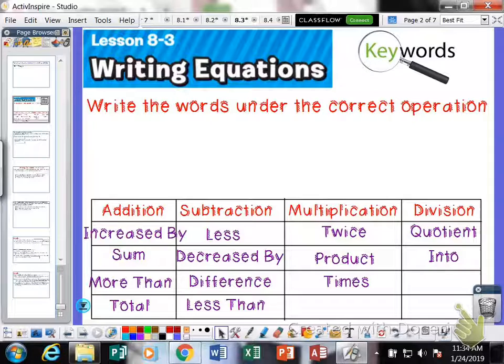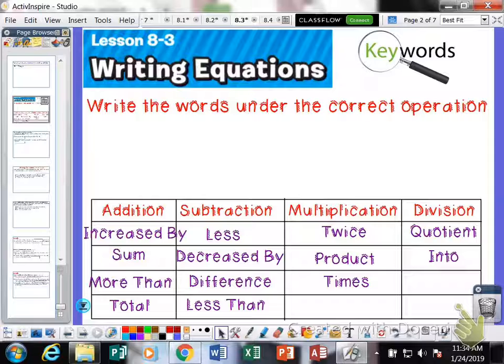So make sure you have these written down, and you can refer to them if you're ever not sure when you're doing your homework problems or example problems. These are just some different terms they use for each of the four operations. There are also many other terms we can use.